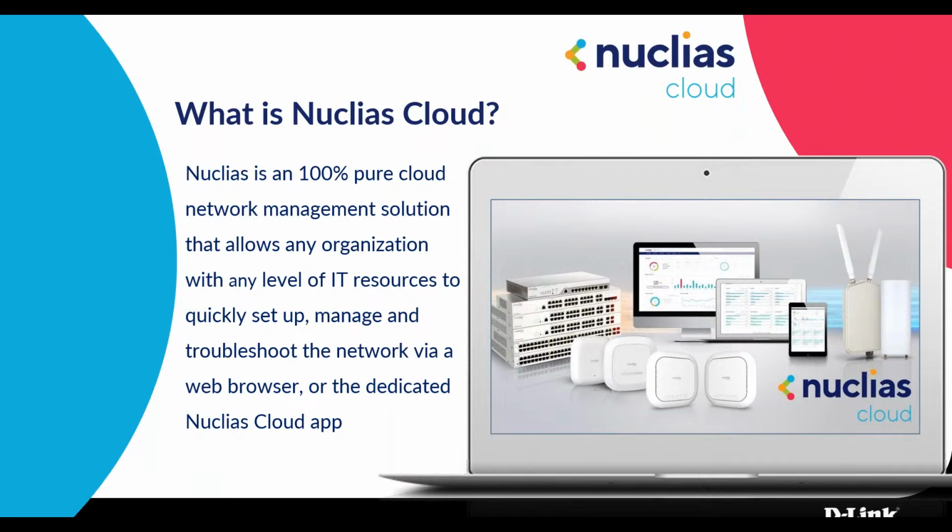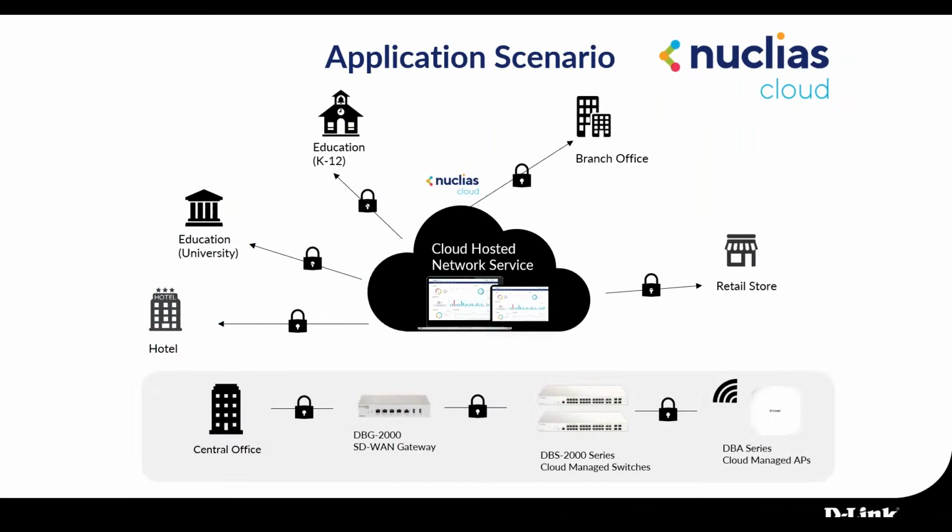as required. When we talk about applications, I've hit this a few times. Nuclias Cloud is certainly designed for retail chains. I've got 1,000 different stores that all need to provide guest access, say to my little coffee shop, and I want to provide terms and conditions. Nuclias Cloud is good for that retail scenario. Also branch offices, education, university or higher education, and hospitality, as I mentioned.